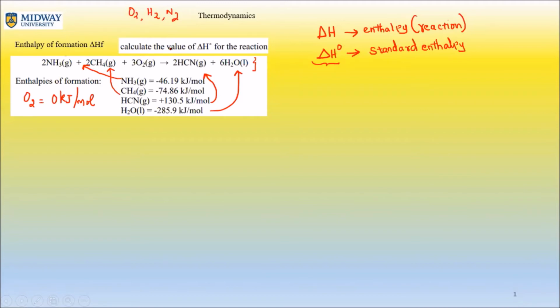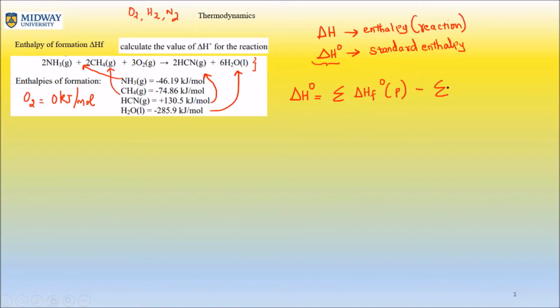Again, we're not going to go into detail on why that's the case because that's beyond the scope of this particular series of videos. Now, to calculate delta H, I'm going to write a generic equation which is applicable to a lot of other problems in this series. It is adding sigma, if you remember sigma from your math classes, sigma of enthalpy of formation of products minus sigma of enthalpy of formation of reactants.